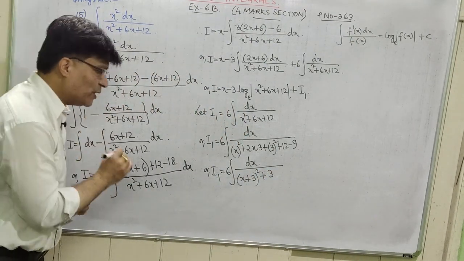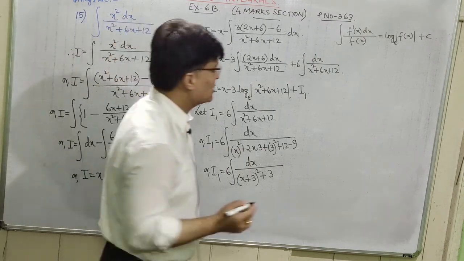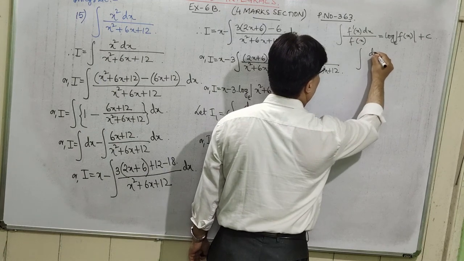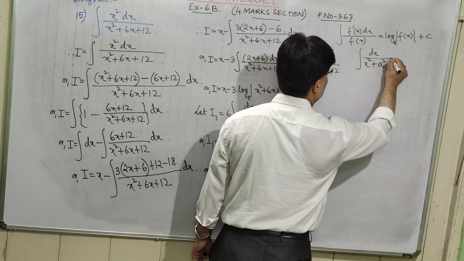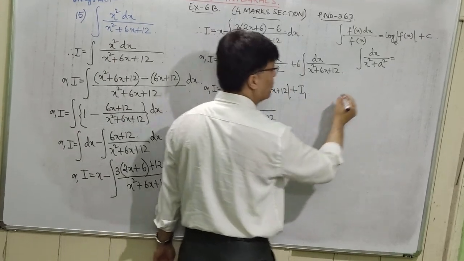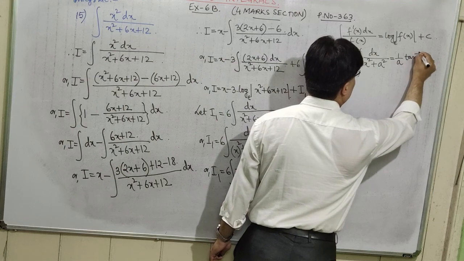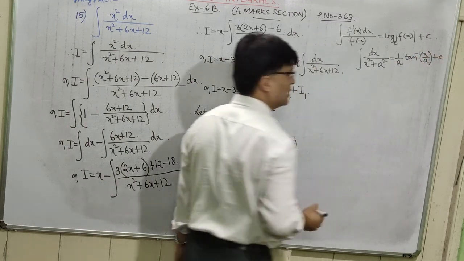So again this 3 can be written within whole square because you have to convert into standard integral form. That is the first standard integral: integral dx divided by x square plus a square, which is equal to, what is the formula? It is 1 upon a, tan inverse x upon a plus c.